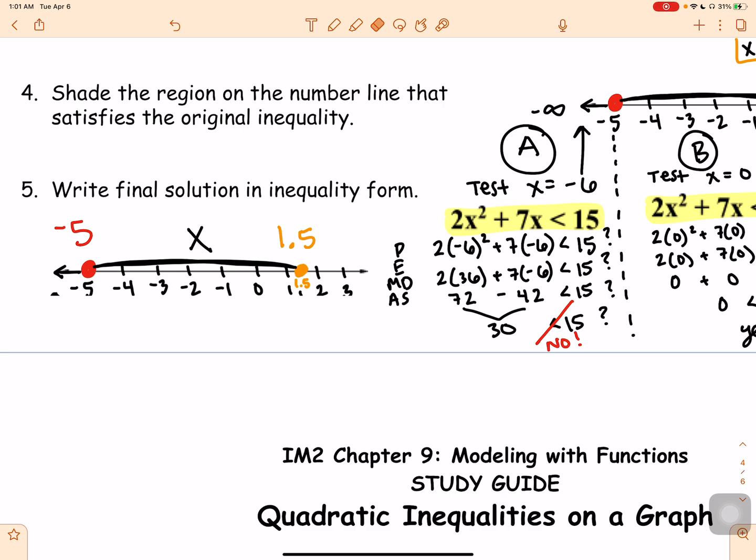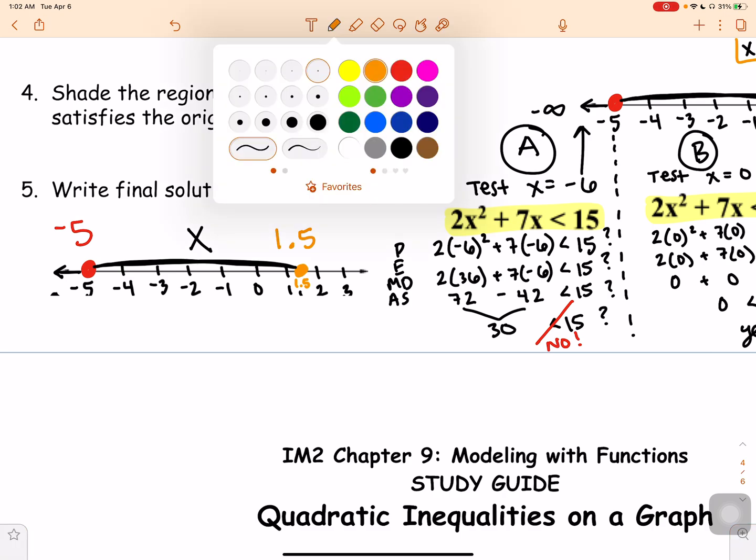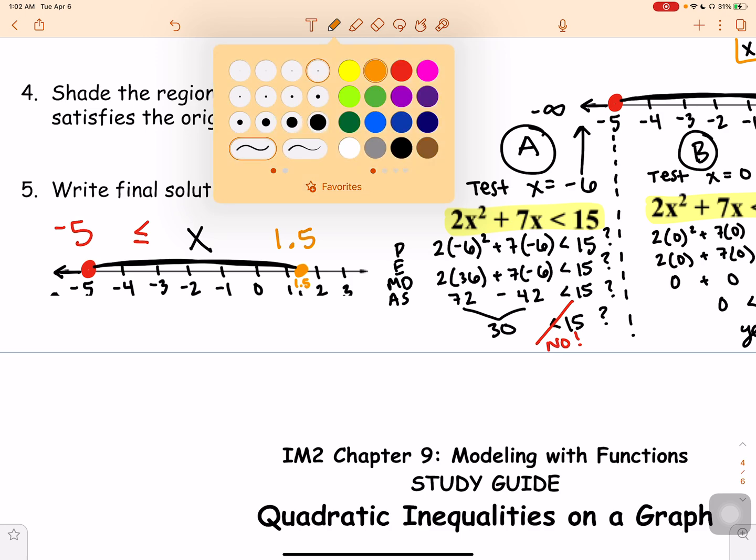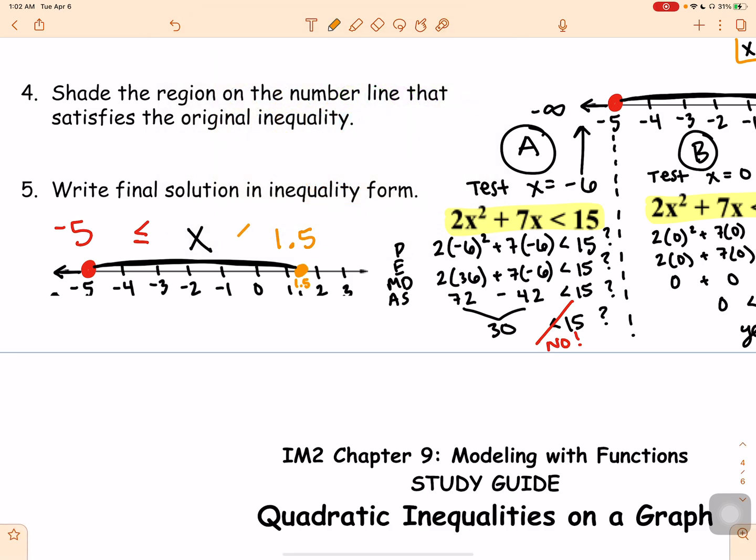Now we know that it is equal to -5 and 1.5. So here it's going to be -5 is less than or equal to x, and x is less than or equal to 1.5. Okay, so this is saying x is greater than or equal to -5, and x is less than or equal to 1.5. All right.